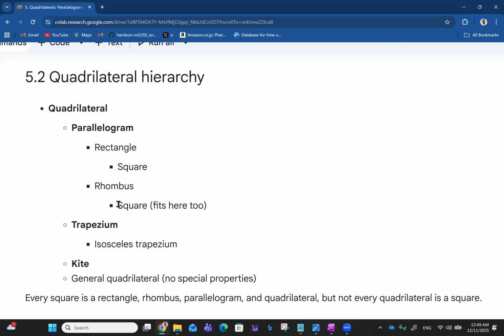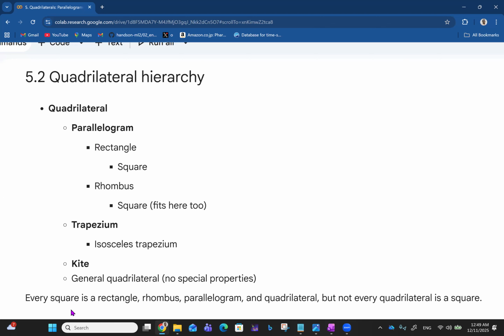Kites and rhombus look alike, but kites cannot fit under parallelogram, because the common thing about all parallelograms, the actual parallelogram, rectangle, square, and rhombus, is that the opposite sides are parallel and equal, right? So every square is a rectangle, as you can see already.